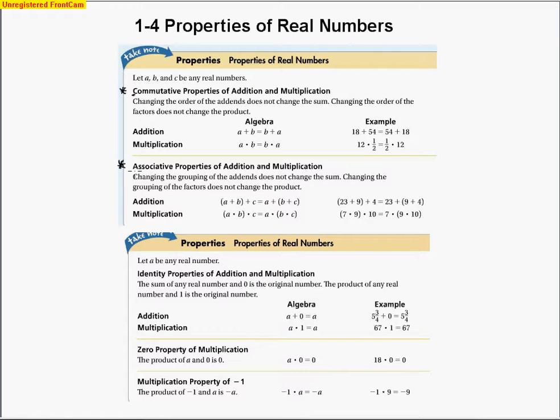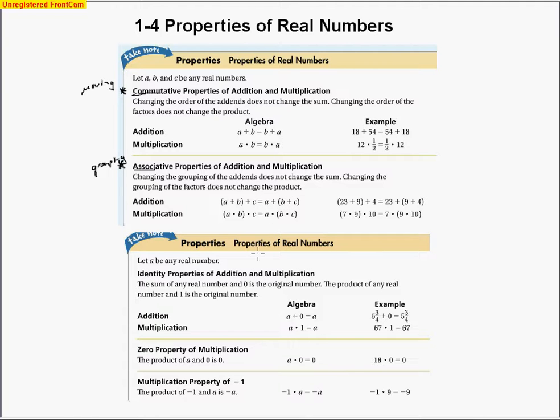So associative property is like an association. It's the grouping property. And when we're looking at the commutative property, commute means to move, so it's the moving property. So when we move a term, it's the commutative property. When we group different terms, it's the associative property.